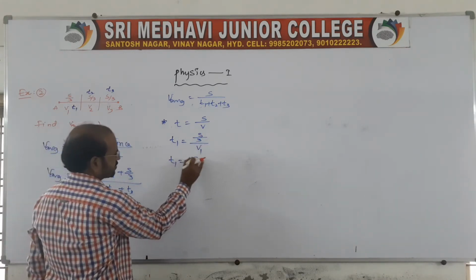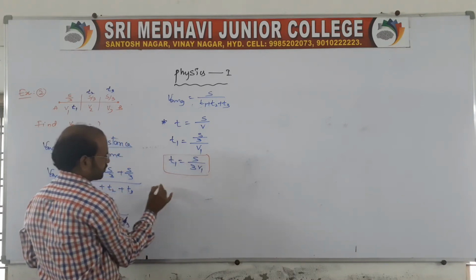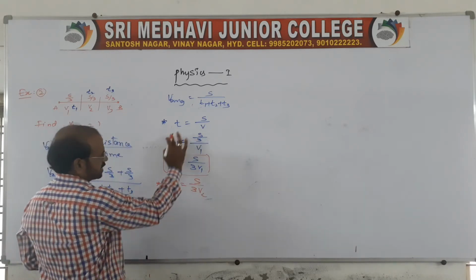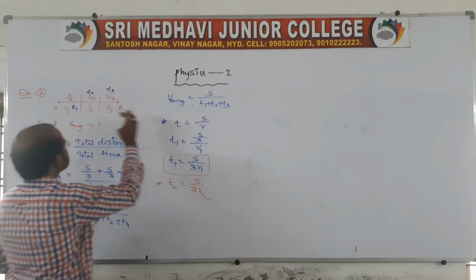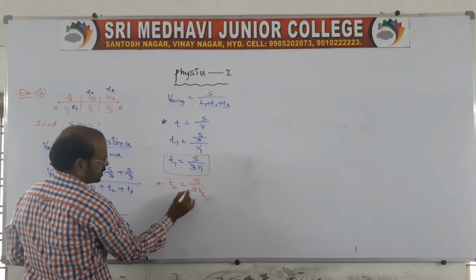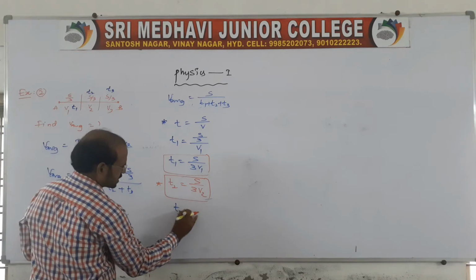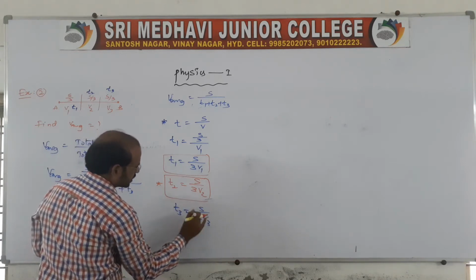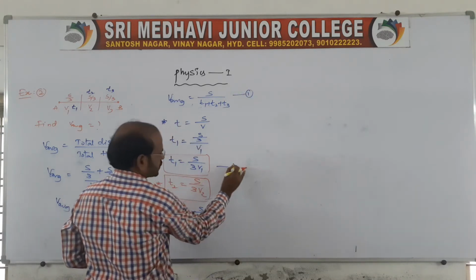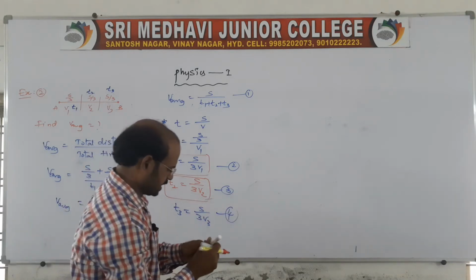For the second interval, the distance is s by 3 and the speed is v2, so that is t2. Then t3 is s by 3 v3. Let us call these equations 2, 3 and 4. Now substitute all these equations.